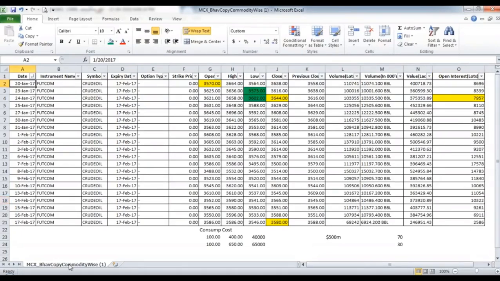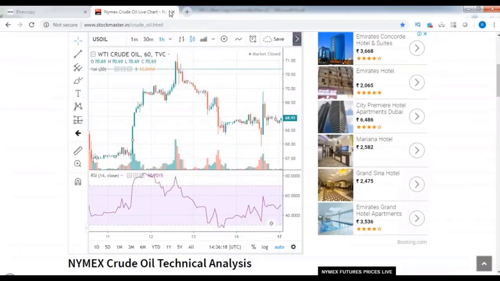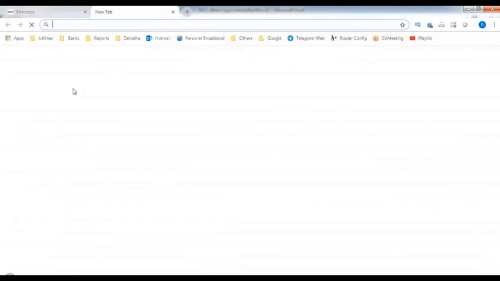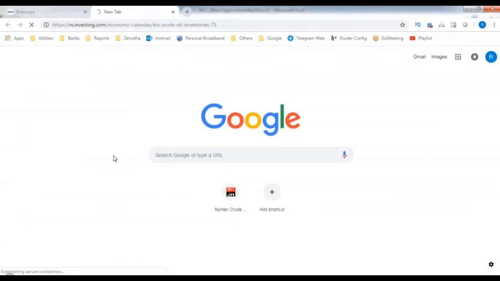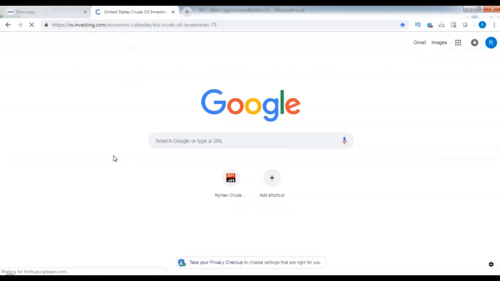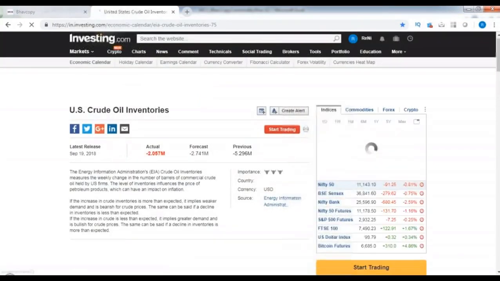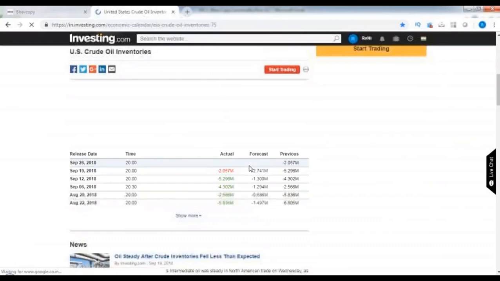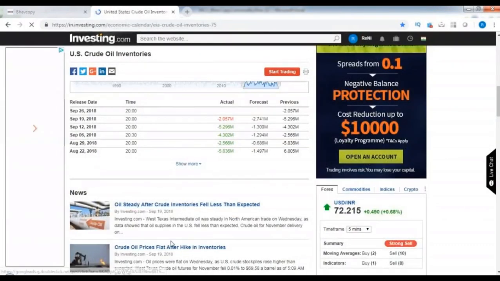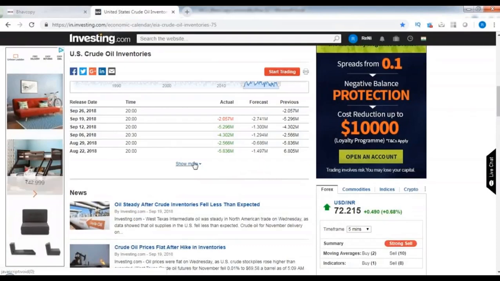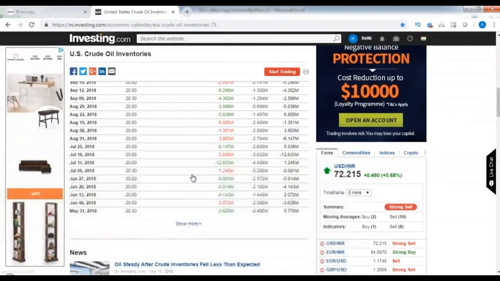Now, on 20th of January, when the contract started working out, that day I talked about this inventory data, right? Okay, so this is the inventory data, correct? So show more.